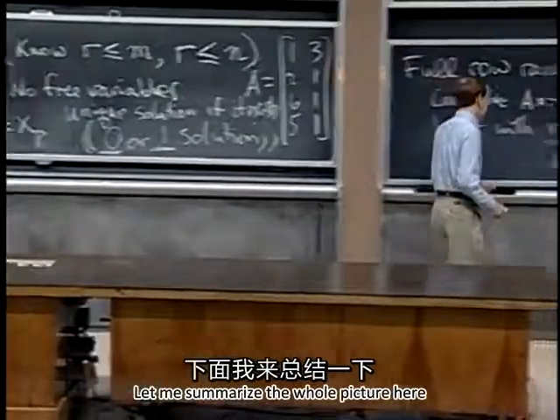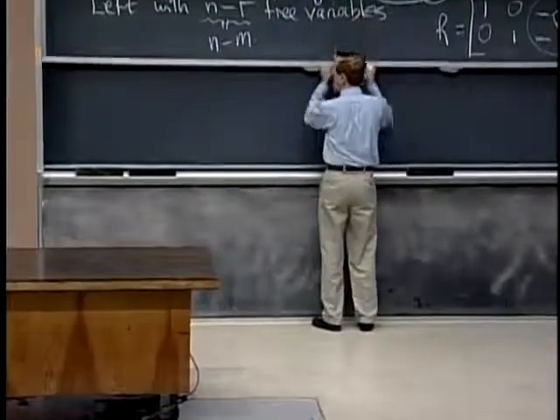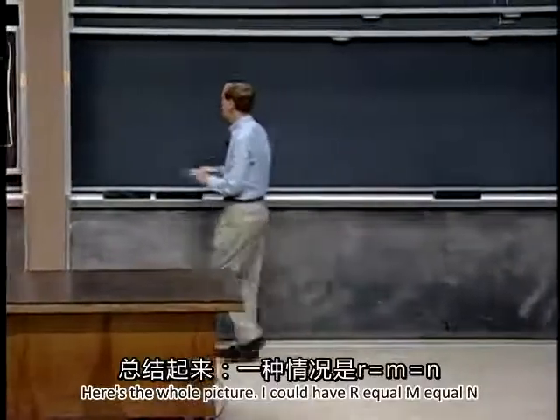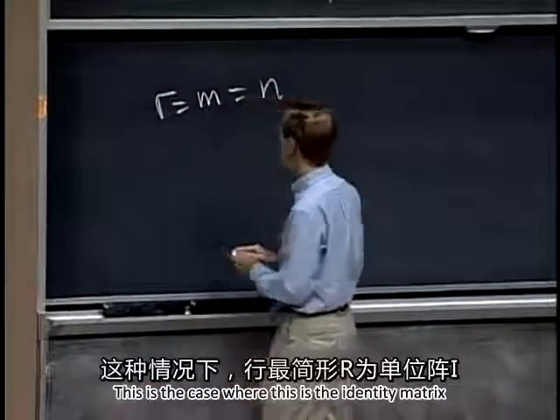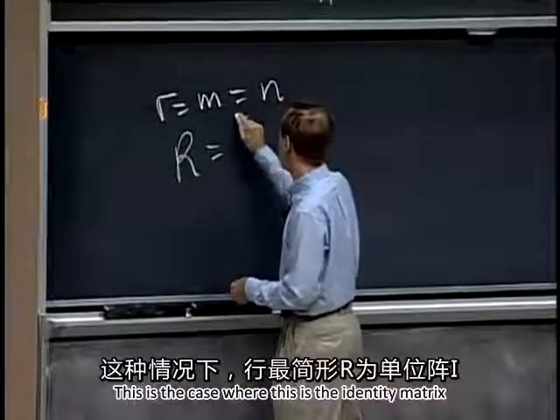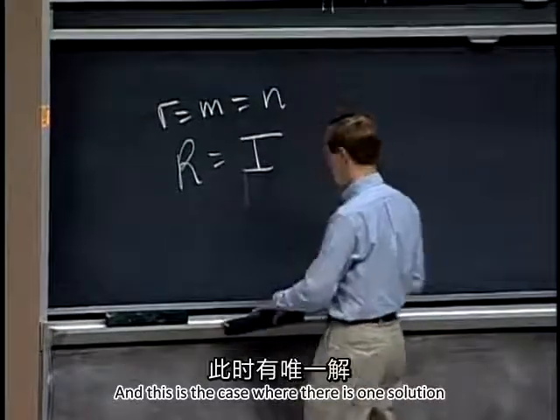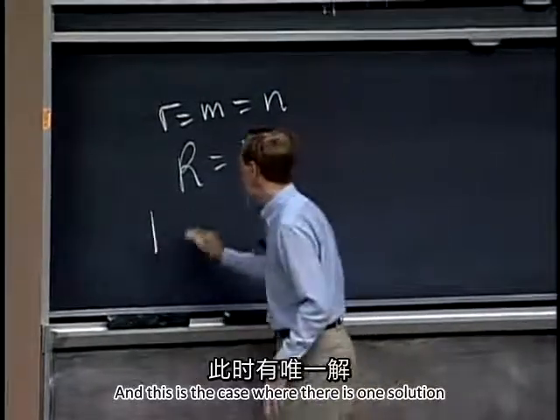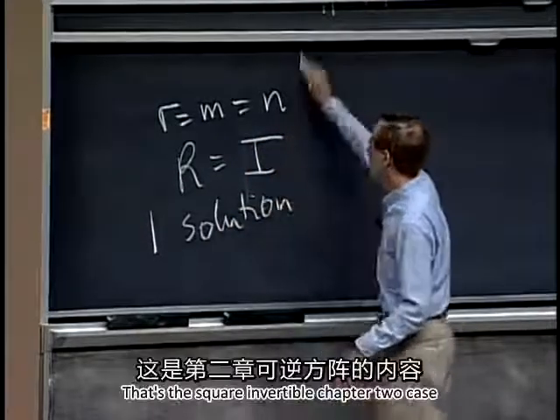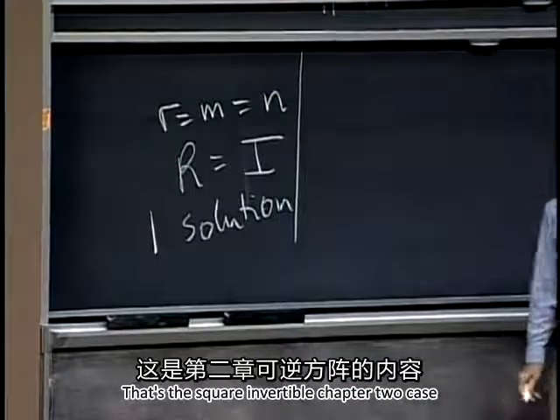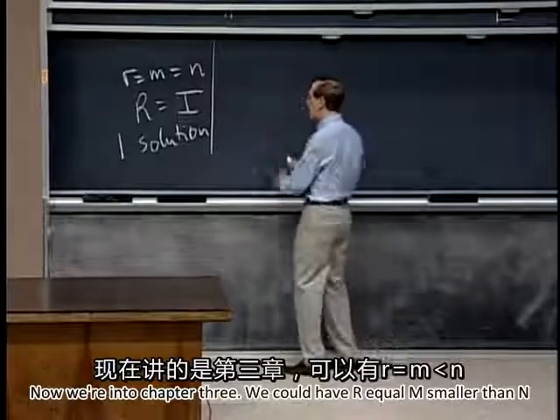Let me summarize the whole picture here. I could have R equal M equal N. This is the case where R is the identity matrix, and this is the case where there is one solution. That's the square invertible chapter 2 case. Now we're into chapter 3.